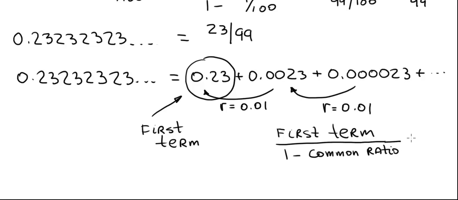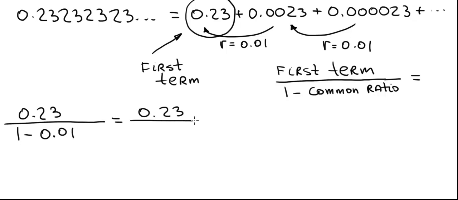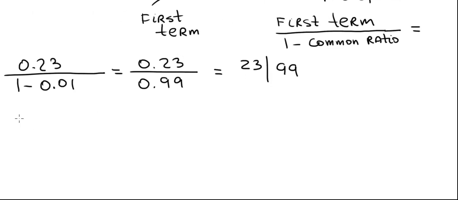And so in this case, just like before, that will be 0.23 divided by 1 minus 0.01. So this is 0.23 divided by 0.99, and that comes out to be 23/99.